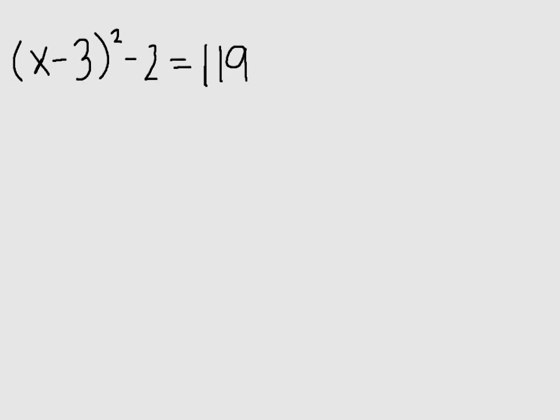Remember, my first step is to get my squared parentheses or term by itself. So I need to get rid of that -2. So I add 2 to both sides of my equal sign. My 2's cancel, and I'm just left with parenthesis x minus 3 parentheses squared equals 121.